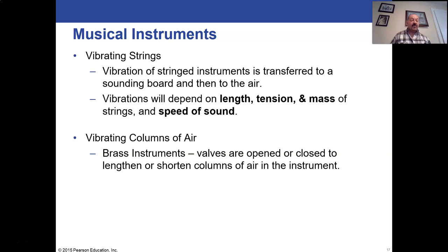All right, so aside from vibrating strings, you have directly vibrating columns of air. And there are lots of musical instruments where you're vibrating columns of air in the musical instrument directly by blowing into them, like brass instruments, like a trumpet, a trombone, a French horn, a tuba, sousaphone.